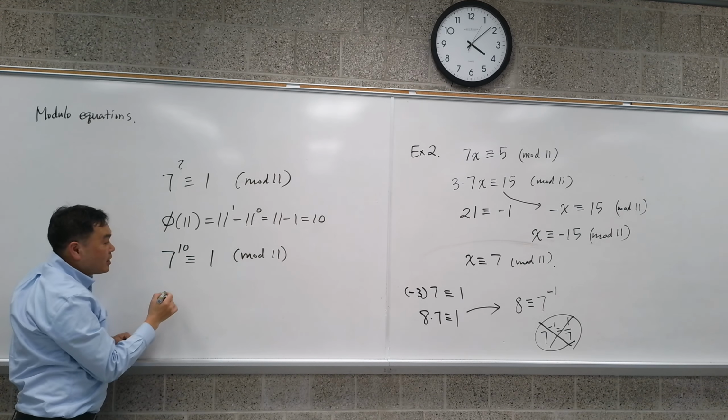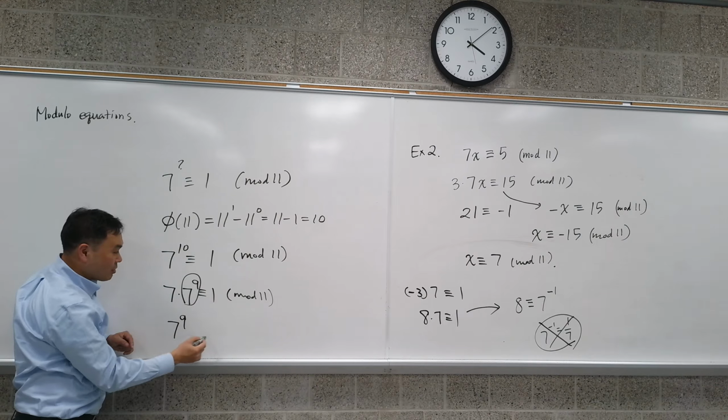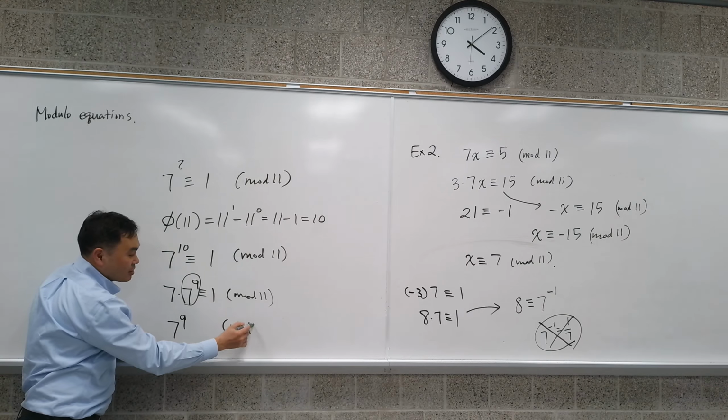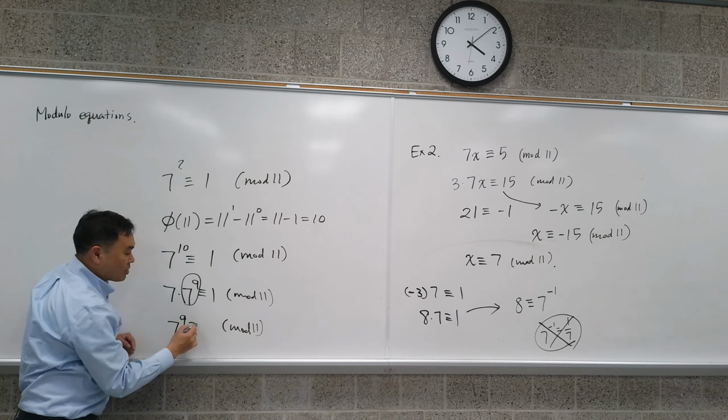And indeed, if you calculated 7 to the 9th power mod 11, guess what number you're going to get if you reduce to the smallest number? If you computed this, you're going to get 8. Because that's what it is. 8 times 7 is 1, right? So this number, 8 times 7, is going to give you 1. So this number will be 8. 7 to the 10th power would be 1, but 7 to the 9th power would be 8. Yeah, you can actually try computing and you'll see that. Okay. So that's how you do it.